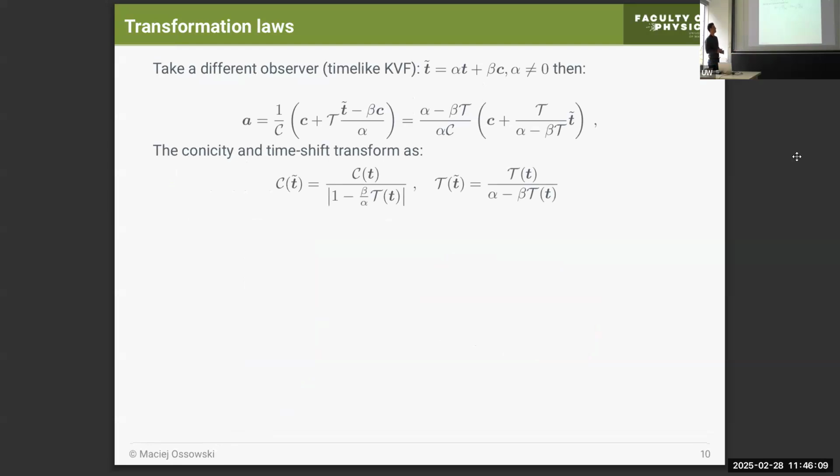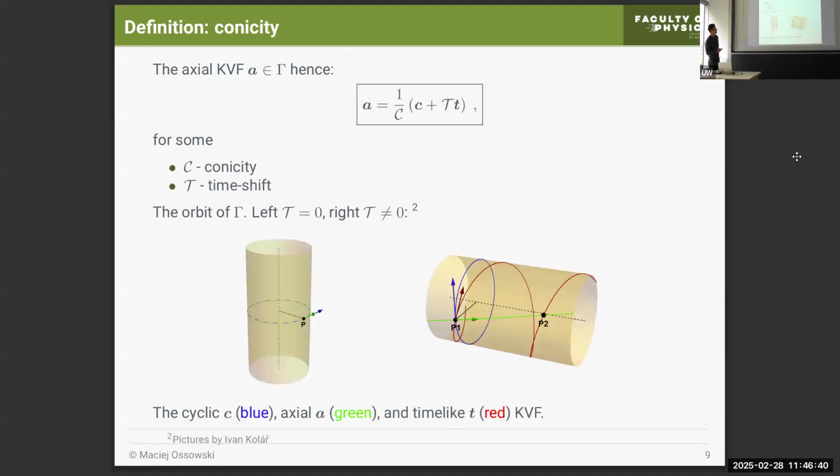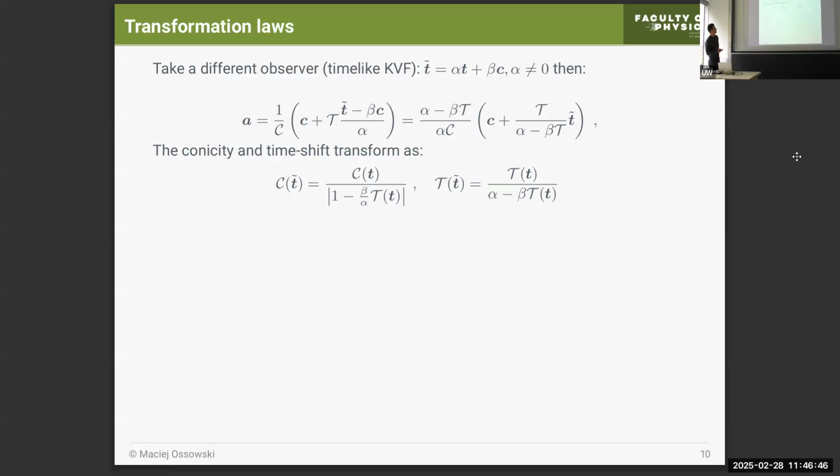So you could actually easily state the transformation laws for these quantities. So if we take another observer, so this T tilde, which also comes from gamma, some combination of T without tilde and C, then you just could use T in the decomposition of the axial Killing vector field, and you would get some other quantities which would be what we defined conicity and time shift by.